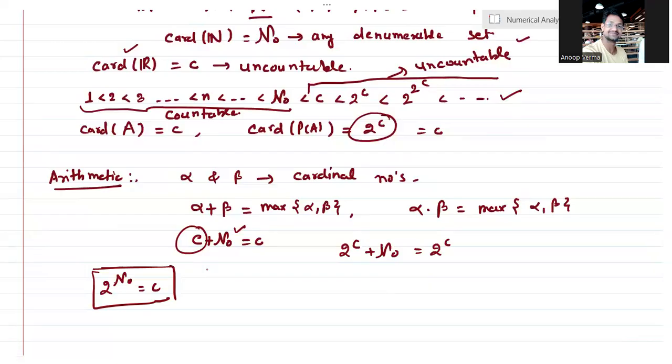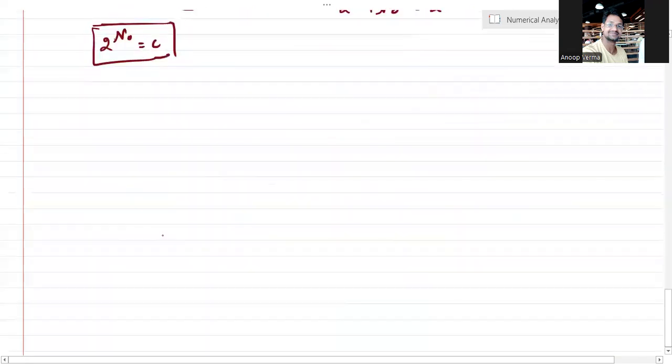One more thing I will remember is the counting of functions. We can also remember some cardinality problems. Suppose we define a function f from A to B, where the cardinality of A is m and the cardinality of B is n.